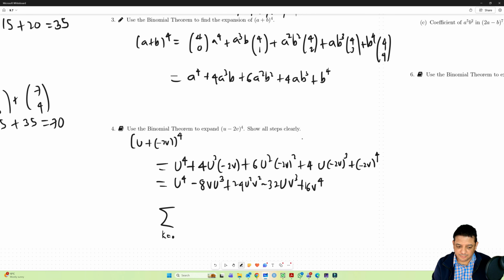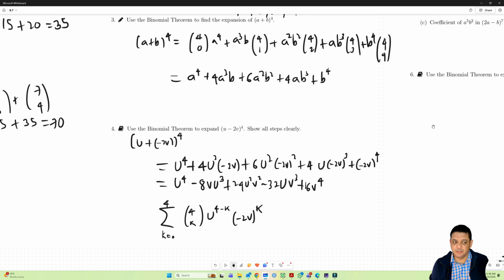So you can see this as the sum k equals 0 to 4, 4 choose k. And so you plug the values right away. So this will be u to the 4 minus k, and then minus 2v to the k. That will immediately give you these values right away.